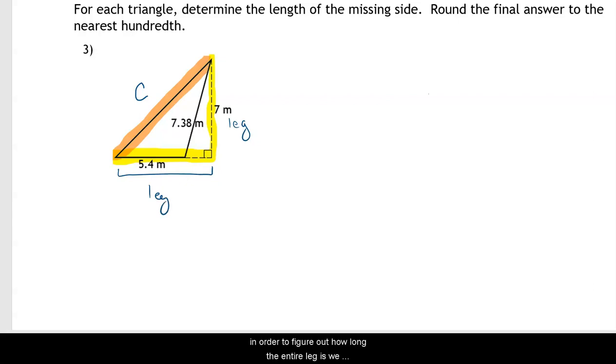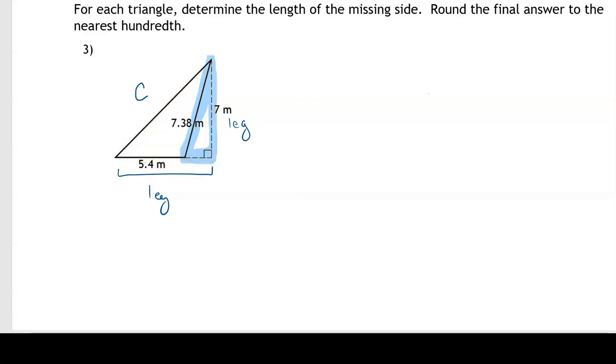In order to figure out how long the entire leg is, we actually need to find the missing side of a smaller right triangle right here, with a leg of 7 and the hypotenuse of 7 3/8. That will help us find that bottom part and the missing part of our longer leg. So let's go ahead and find the parts for that missing.